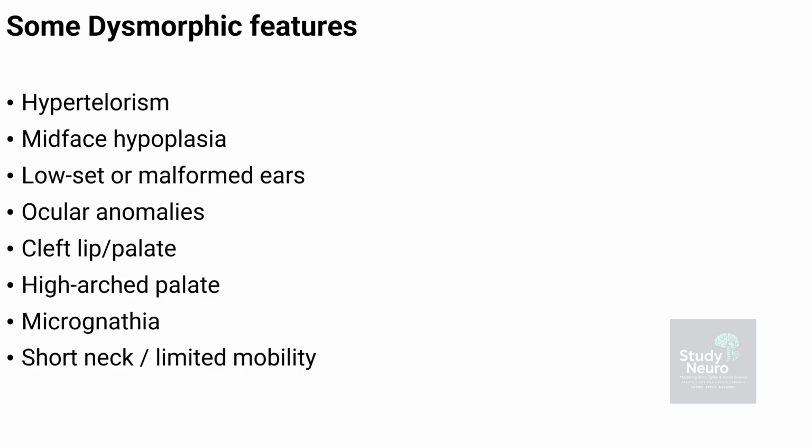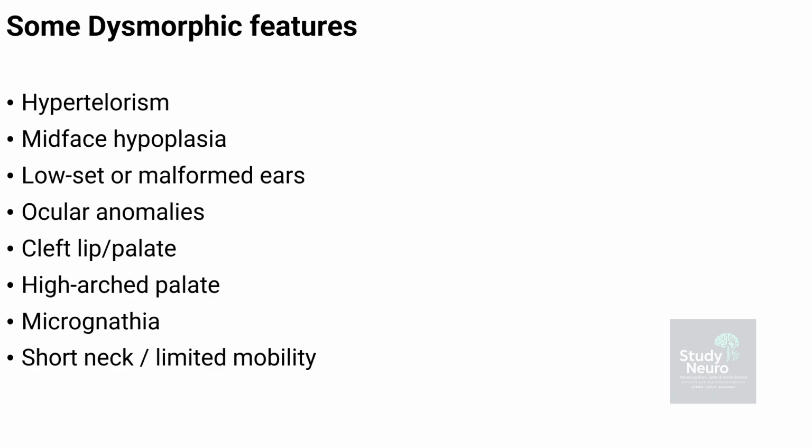The ears should be inspected for low-set or malformed pinnae, as ear anomalies are frequently associated with other congenital malformations. Examination of the eyes may demonstrate ocular anomalies, while inspection of the oral cavity can reveal a cleft lip or palate, or a high-arched palate, both of which have implications for feeding and aspiration risk.